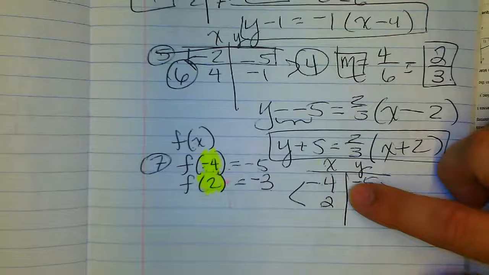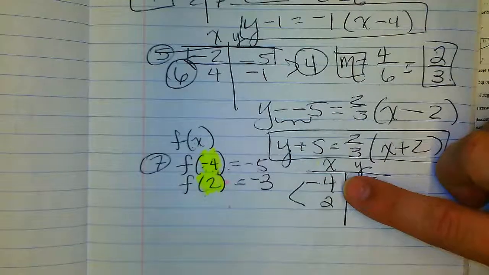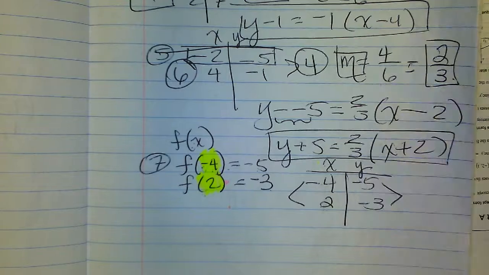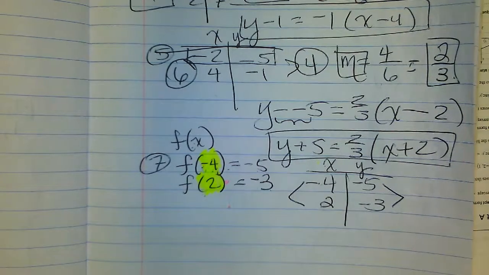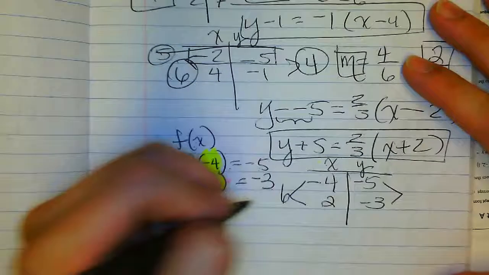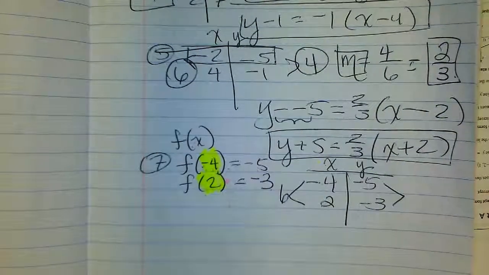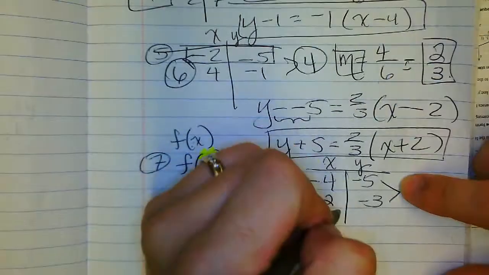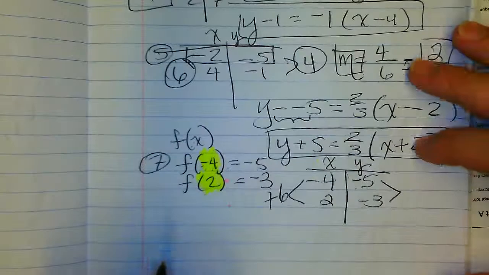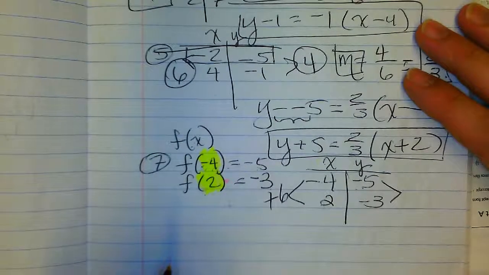Okay. So Miss Vanessa, help us out. What is the difference between -4 and +2? What's the total distance? Yeah, very good. That's 6. Positive, negative. Very good. All right. And Maria, over here we have -5 to -3. How do we get there? +2. Perfect.